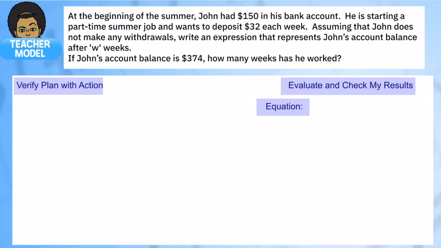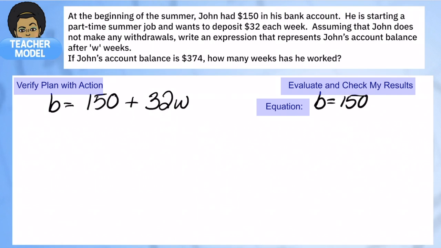All right, let's start with the very first part, that first equation, the original. We know that his balance B is equal to his initial. He started with $150, and then every single week he puts $32 in. So there I have it. B is equal to 150 plus 32W.